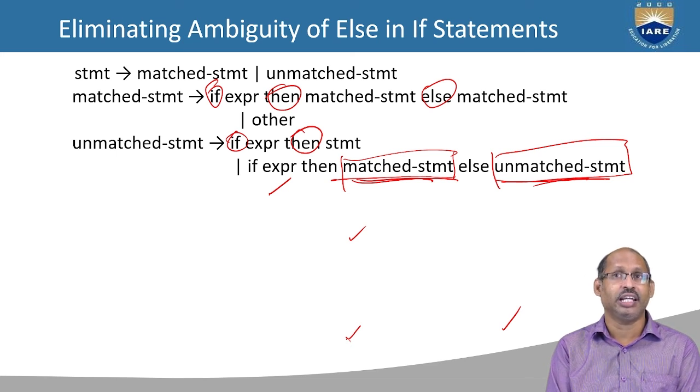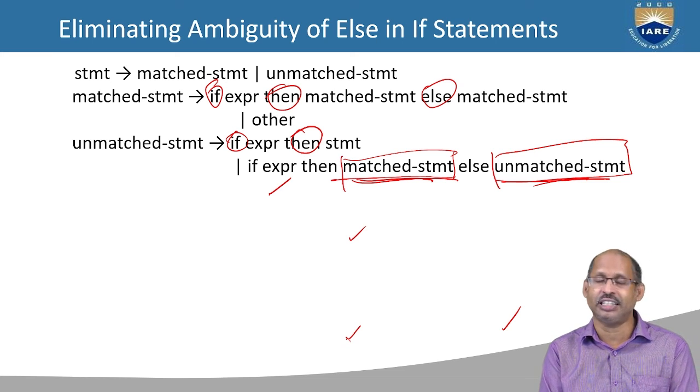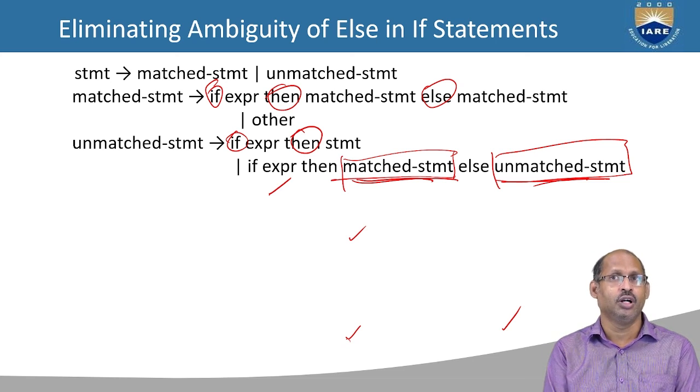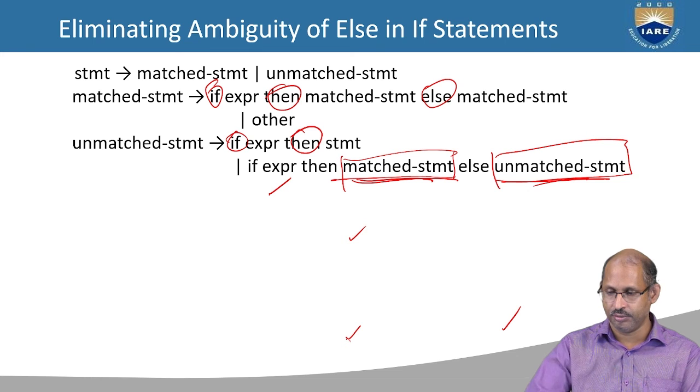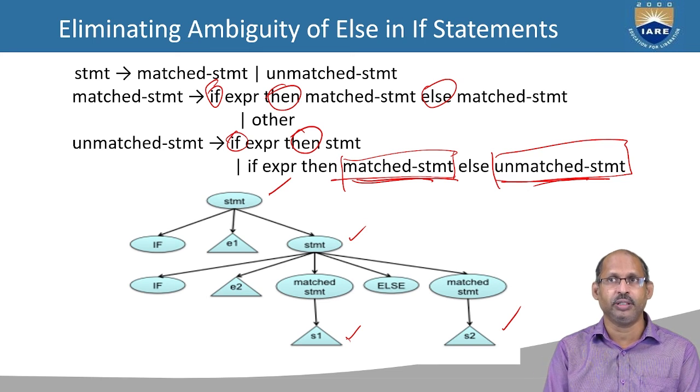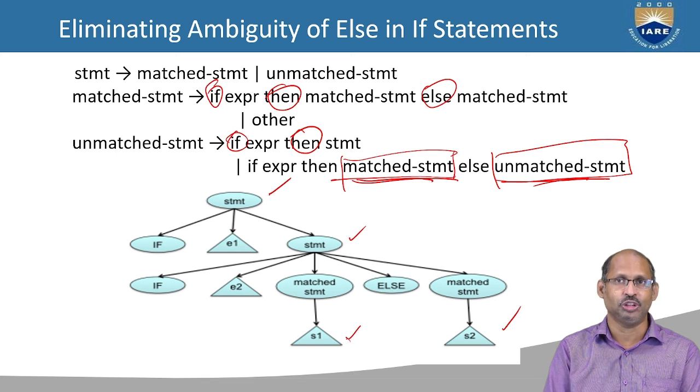Unmatched statement might be if expression then statement, with if and then only, or if expression then matched statement else unmatched statement. So by rewriting the given grammar, we can eliminate the ambiguity. The unmatched statement having a matched statement is unambiguous.